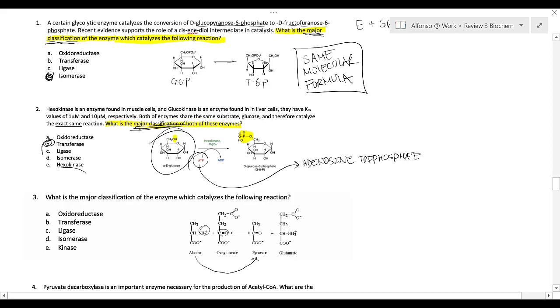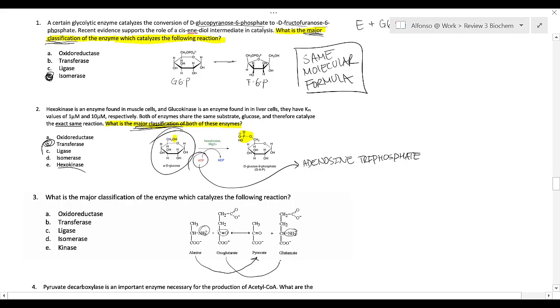Interesting. So it's almost as if a certain enzyme took this NH3 plus and gave it to oxoglutarate, which turned the oxoglutarate into glutamate.